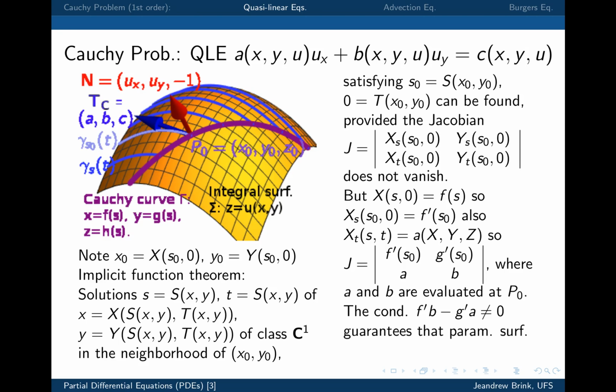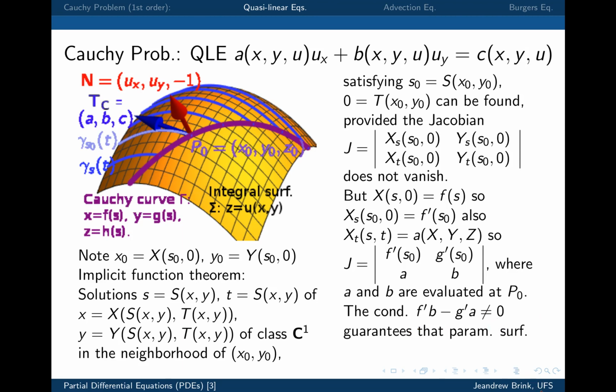Okay. So, yeah. So anyway, this is the important condition that guarantees the existence of the parametric surface. And so the very first thing when you're given Cauchy data, or for example, when you're given a differential equation and you're given the Cauchy curve and the initial condition, I always go and work out this combination, and I find all points at which it vanishes, because then I must be careful.